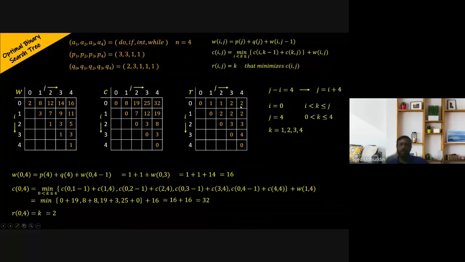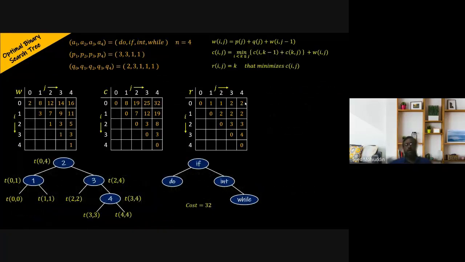And the root is 2. That is the top right cell 0, comma 4, which is 2. So element if becomes the root node, and that tree is going to have the optimal cost. It will be the optimal binary search tree with cost as 32. Now let us look at how to construct this tree.